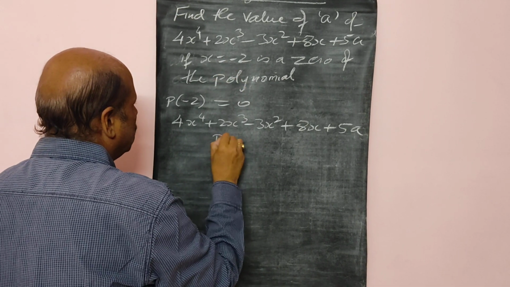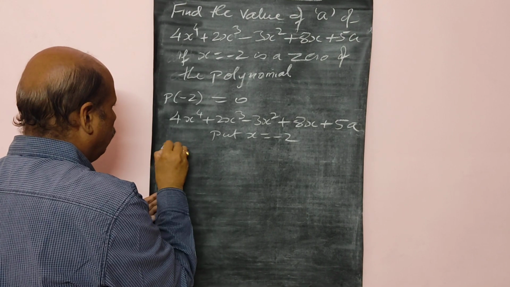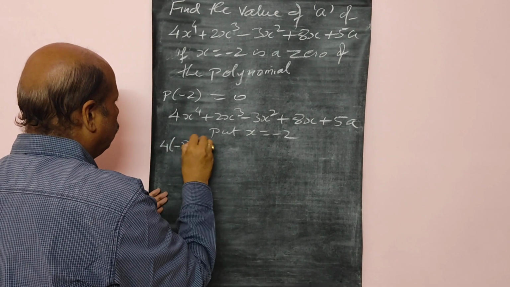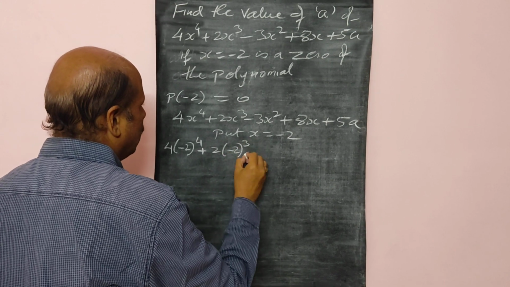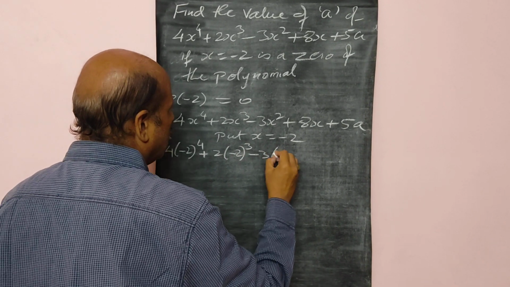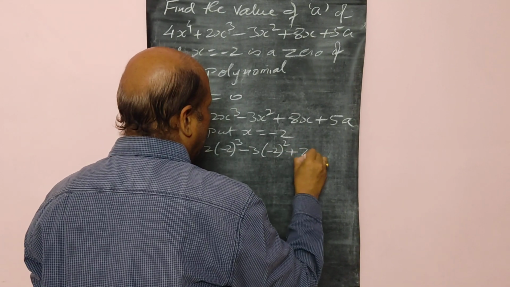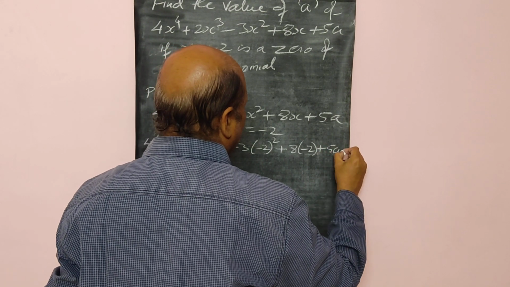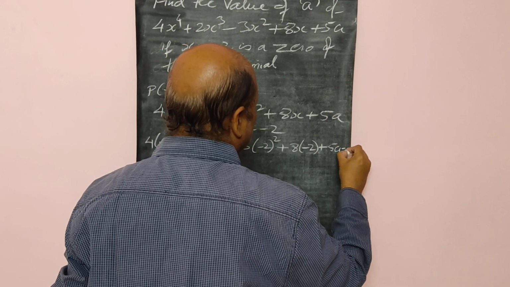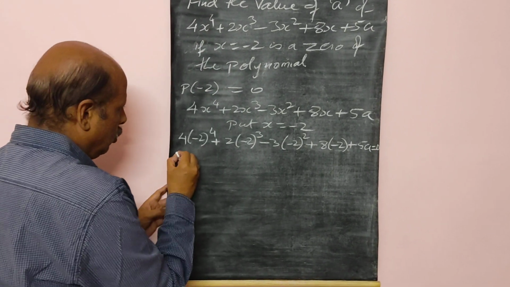So 4 times (minus 2) raised to 4 plus 2 times (minus 2) raised to 3 minus 3 times (minus 2) raised to 2 plus 8 into minus 2 plus 5a, and since it's a 0 of the polynomial, this should be equal to 0.